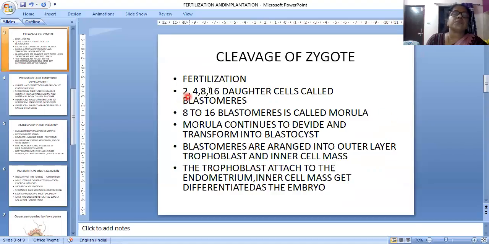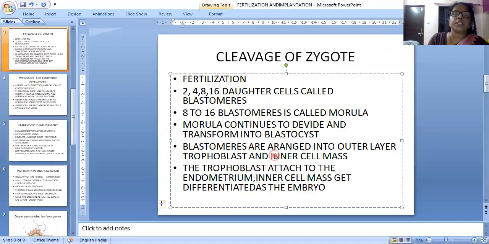Cleavage of the zygote after fertilization: 2, 4, 8, 16 daughter cells called blastomeres are formed. The 8 to 16 blastomeres are called the morula. The morula continues to divide and transforms into the blastocyst. Blastomeres are arranged into an outer layer, the trophoblast, and the inner cell mass.